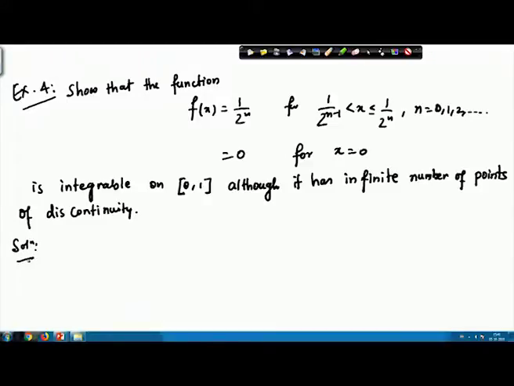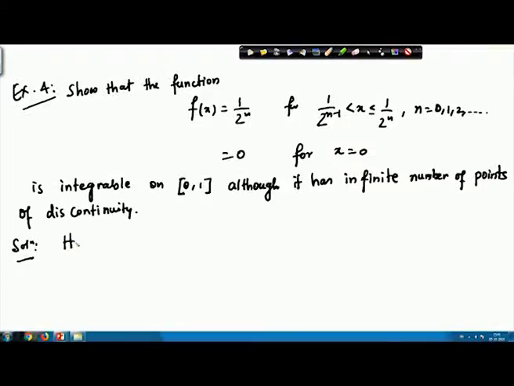So, here the problem states that if you have a function f(x) given in this fashion, then we have to show that it is Riemann integrable, although it has an infinite number of points of discontinuity. So, let us see whether it has an infinite number of discontinuities or not.